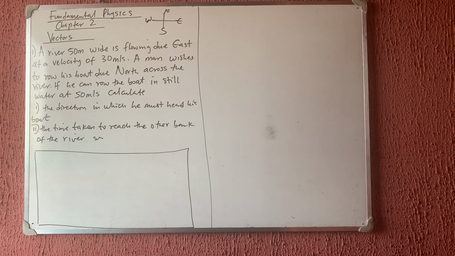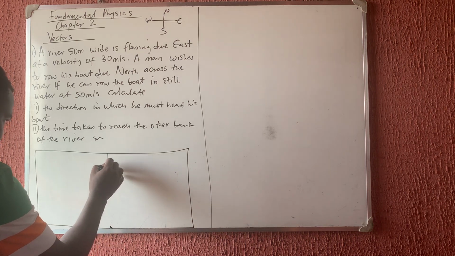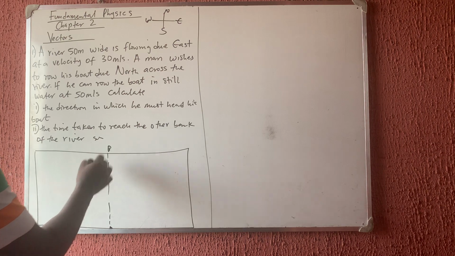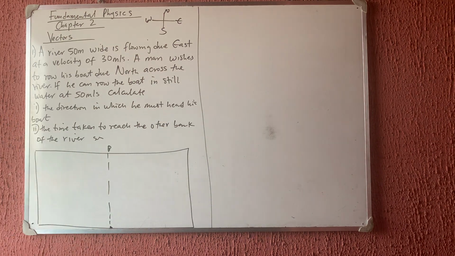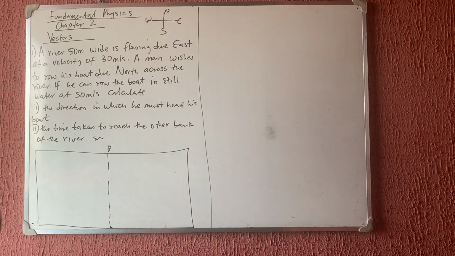Then they say that a man wishes to row his boat due north. Let me say that this is point A. The man wishes to move from point A to point B, due north. Don't forget that this river is moving like this, and the man wants to cross to the other side of the river.